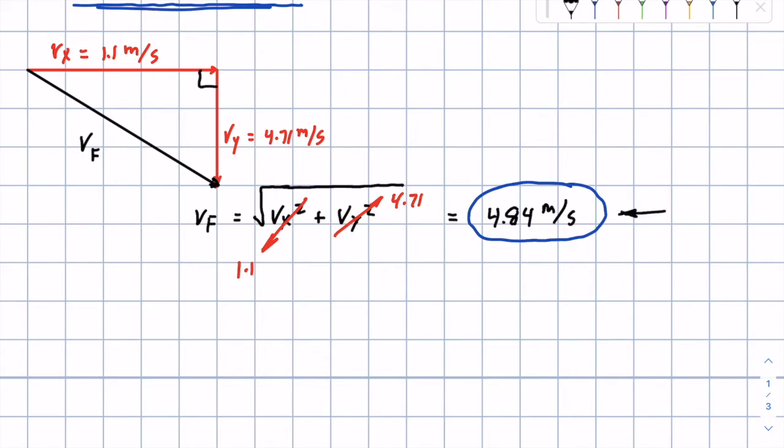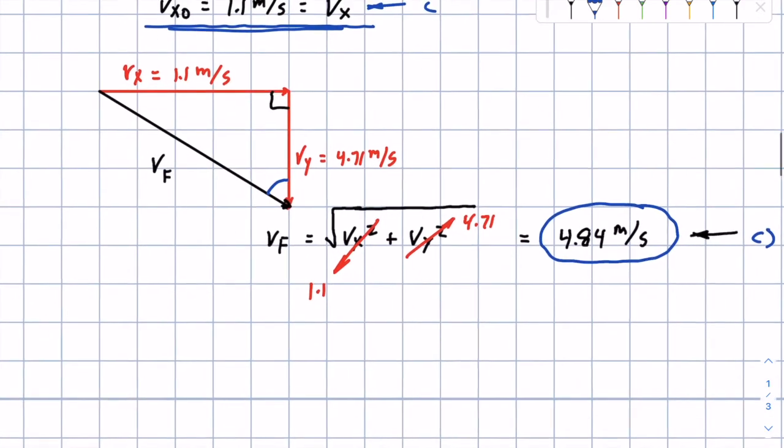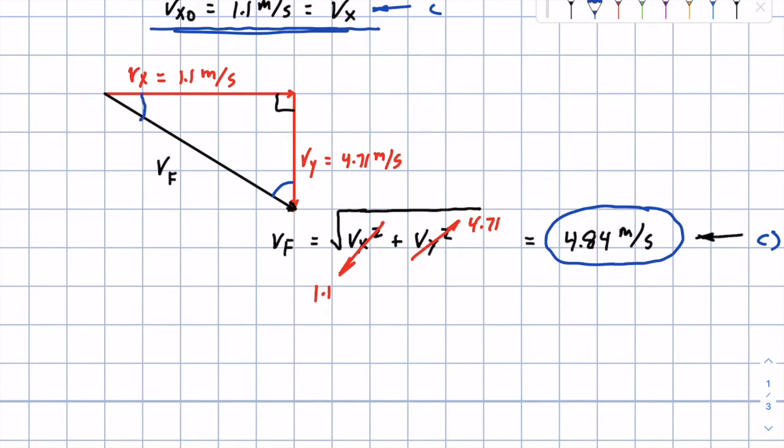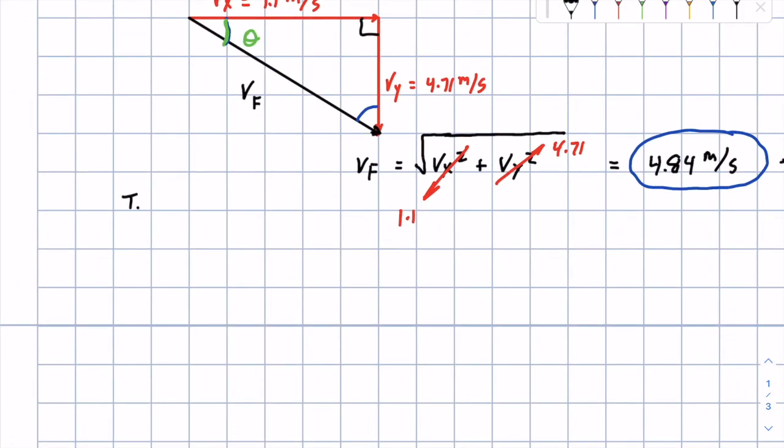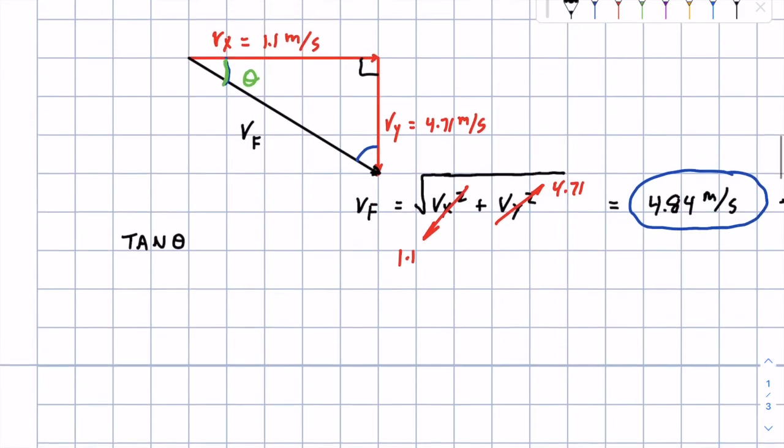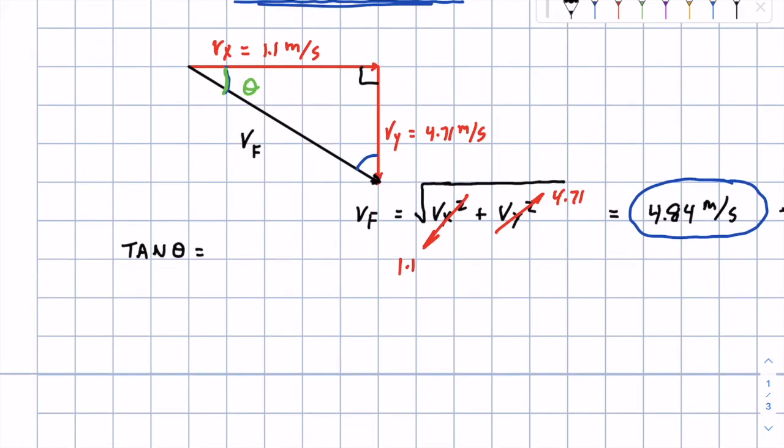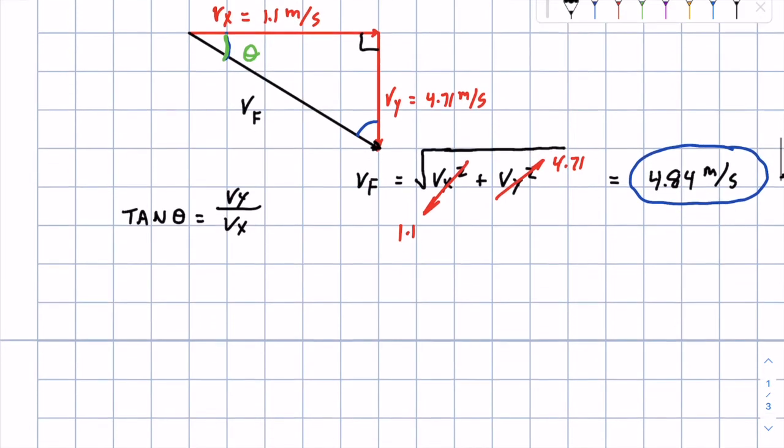But then they want us to find the direction. They want us to find the direction at which the book is going to strike the floor. And so you can call your angle either here, or you can call your angle here. I'm going to choose to use this angle and call it theta. And we know that the tangent of theta is equal to the opposite over adjacent, so it is equal to Vy over Vx.